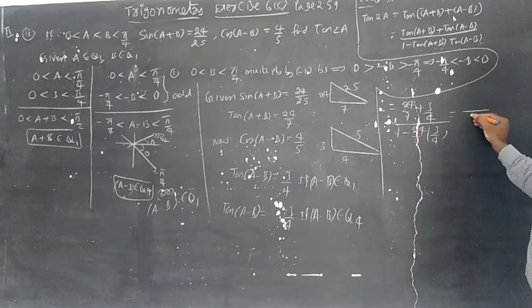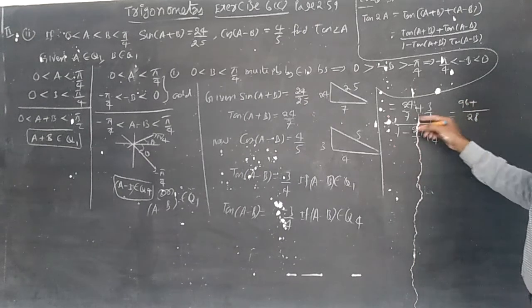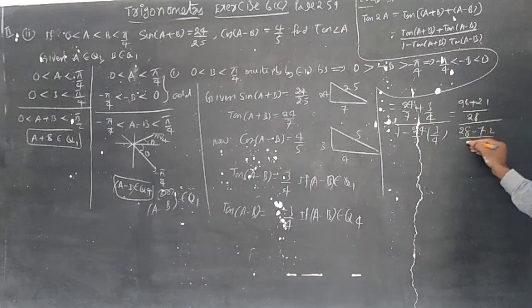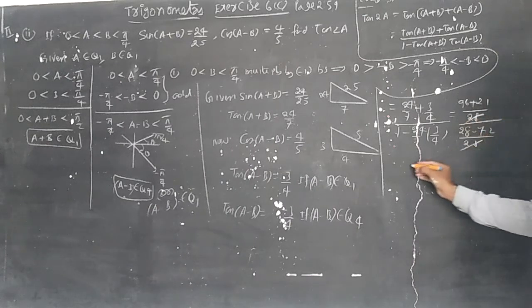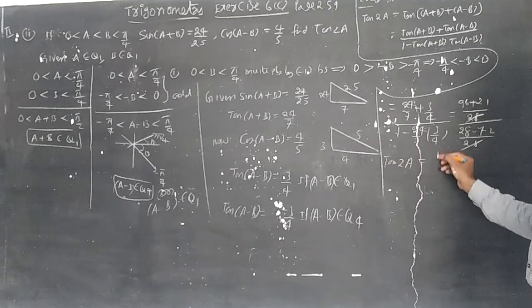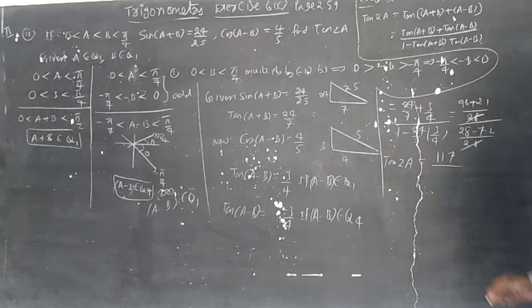Taking LCM, 7 4s are 28. Here 4 24s are 96 plus 7 3s are 21 whole by 28 minus 72 whole by 28. 28 get cancelled. So tan 2A is equal to 117 by 28 minus 72.